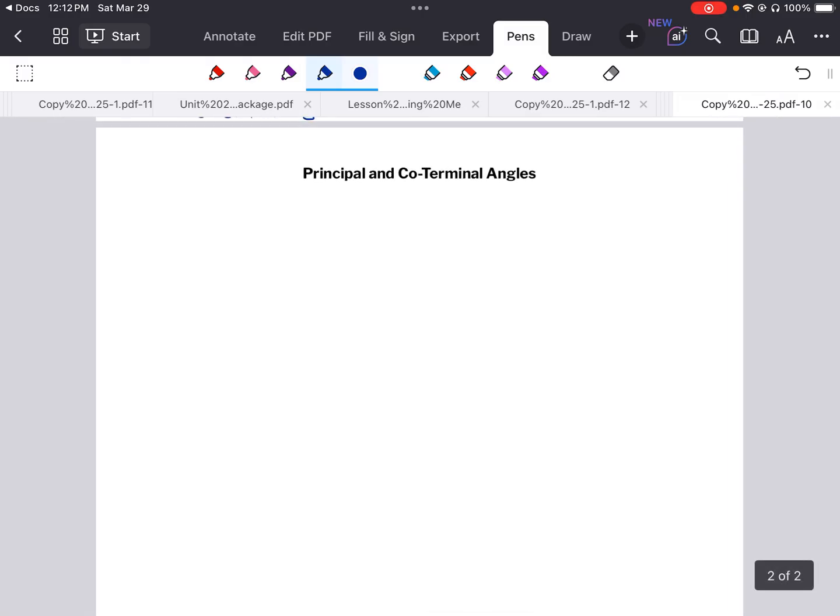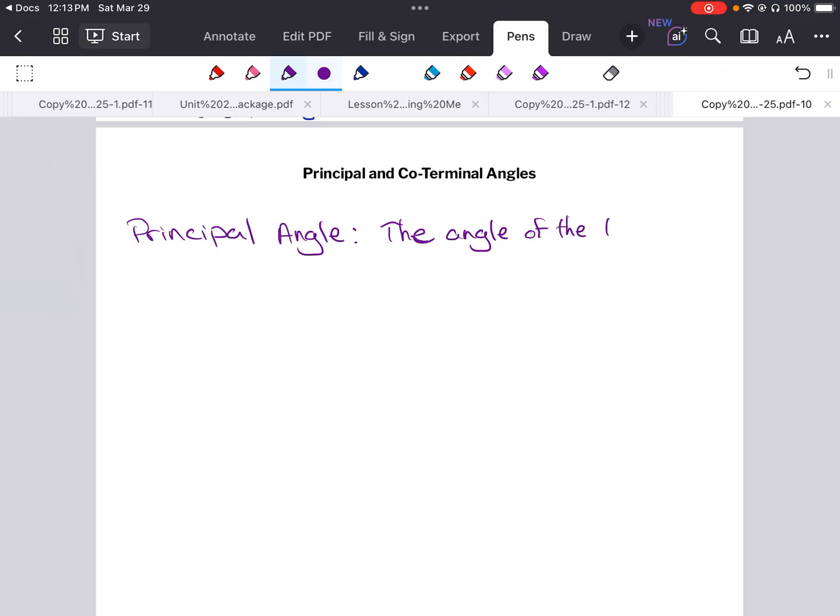Okay, and we're going to look at what principal and coterminal angles are, because you're going to come across these terms. A principal angle is the angle of the terminal arm that measures between 0 and 2 pi.